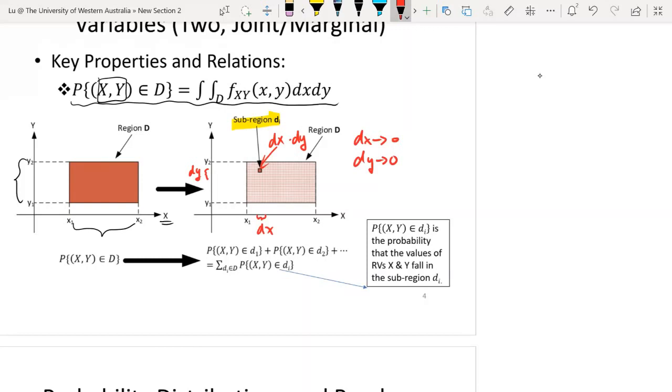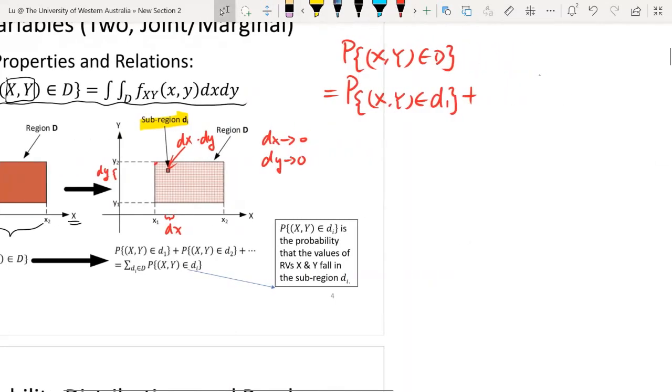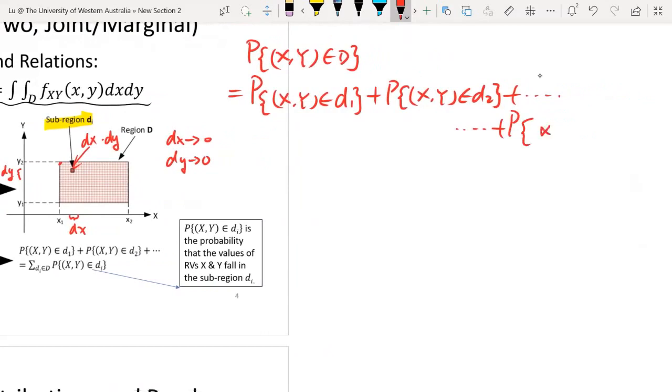The question asks us to evaluate the probability that x and y fall into the region D. This is translated to the probability that x and y fall into the first small subregion D1, or, so we use plus for or, that x and y fall into the second subregion, or, again, until the probability that x and y are in the Di region, and so on.